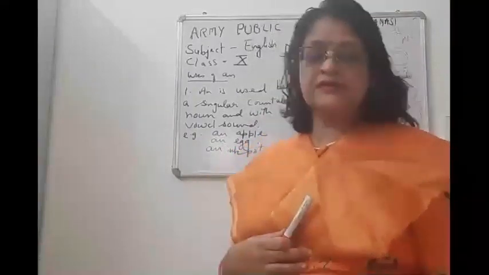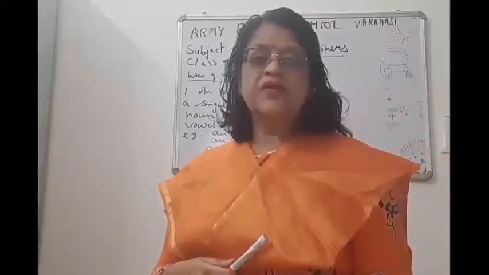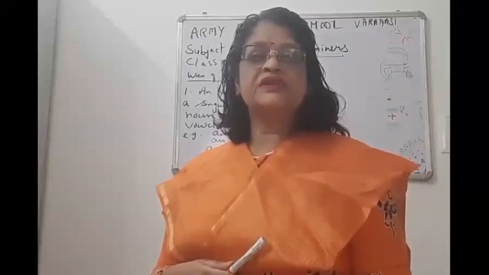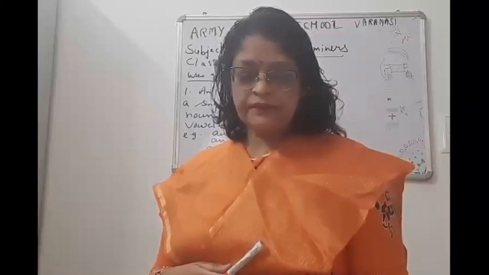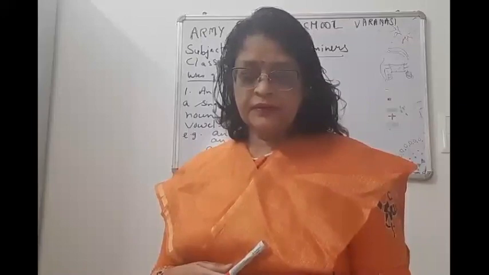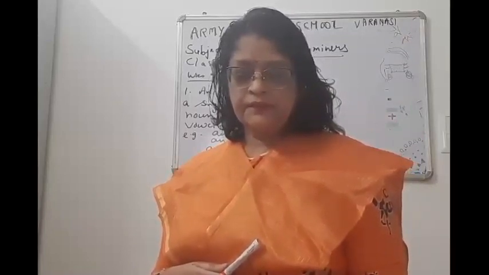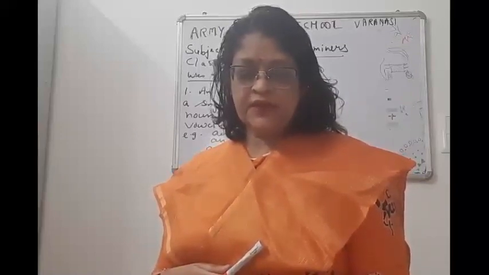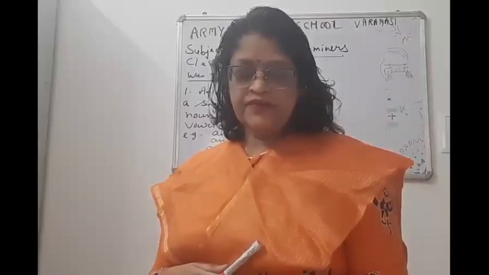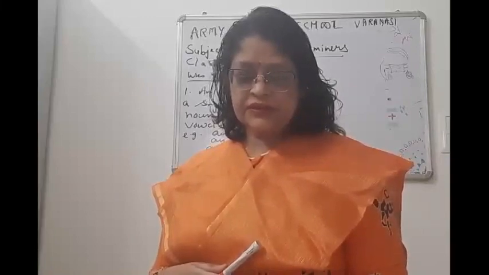An orange. These are the words which have a vowel sound, and an is used with a singular countable noun with a vowel sound. Now children, the other use of an is that we use an before a singular countable noun beginning with a vowel sound. So this we have done.